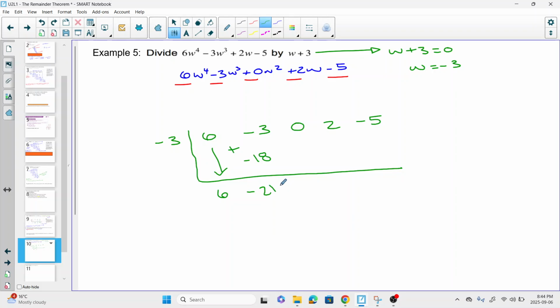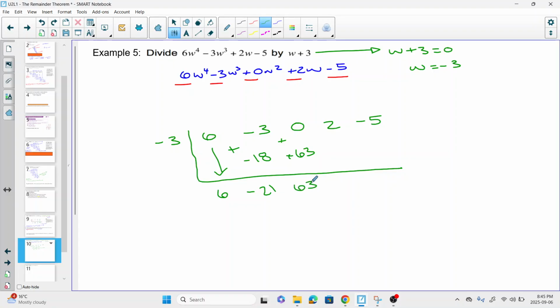Now I have negative 21 times negative 3. Okay, so negative 21 times negative 3, negative 63. Sorry, positive 63. Negative times a negative. And again, we're adding these. So I have 0 plus positive 63. So I've got a 63 here.